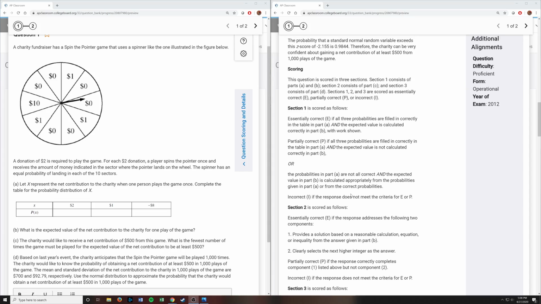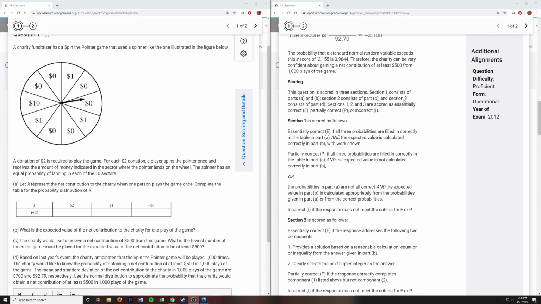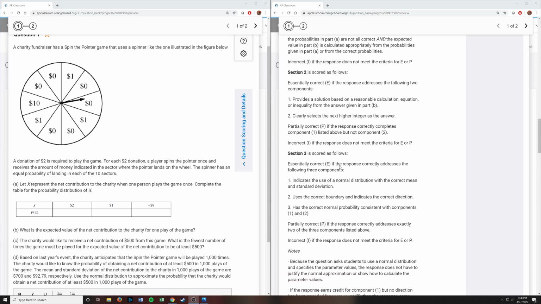This is part D, which is section 3. You get an E if you do all these things. Indicate the use of a normal distribution with the correct mean and standard deviation. We've seen this before. Anytime you're going to use a model, you should state what that model is, so in this case normal, with its parameters.